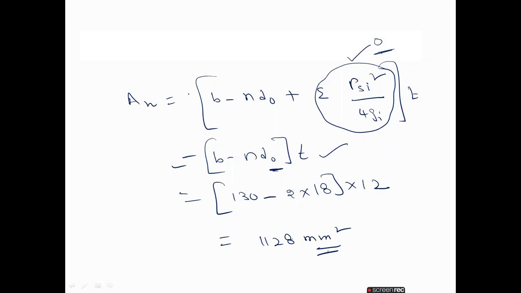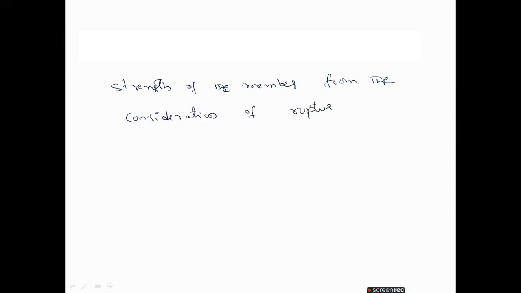Okay. So now we will calculate the strength of the member from the consideration of rupture. Yesterday in class I told you the formula for this: Tdn = 0.9 An Fu / γm1.